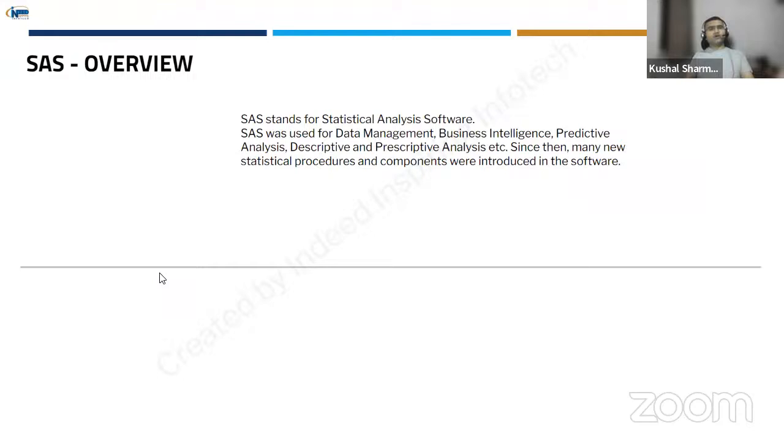What does SAS stand for? SAS stands for Statistical Analysis Software. It was used for data management, business intelligence, predictive analysis, descriptive analytics, and prescriptive analytics. Since SAS became popular, many new statistical procedures and components have been introduced in the software.